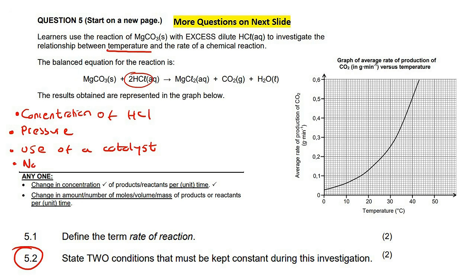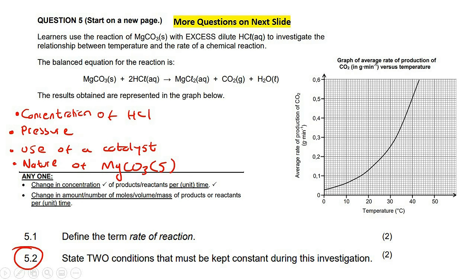So you could say the nature of the MgCO3. We don't look at these ones because these are products. We can't change the products. The products are the byproduct, excuse the pun, of what we do here. So once again, we're not going to change the concentration of this because we are only affecting temperature. We're not going to change the pressure in the system. We're not going to change the use of a catalyst.